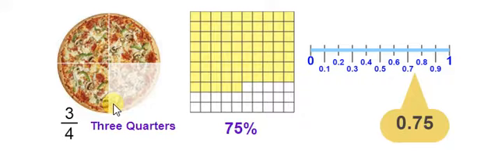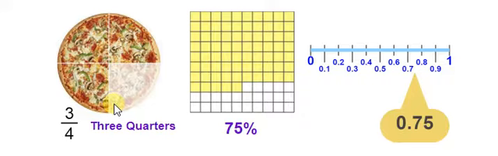The yellowish part describes 3/4, and that means 3/4 is 75%. Now 75% is 75 cells out of 100, and 75 cells out of 100 is equivalent to 3/4.